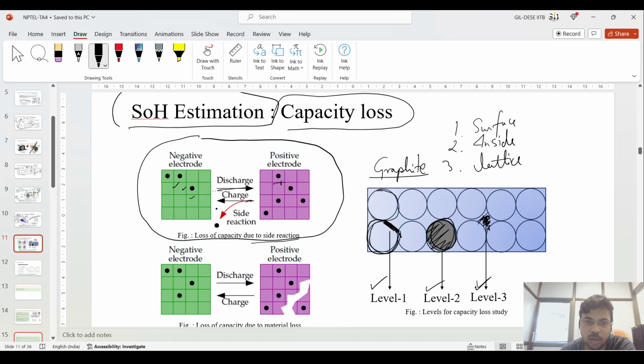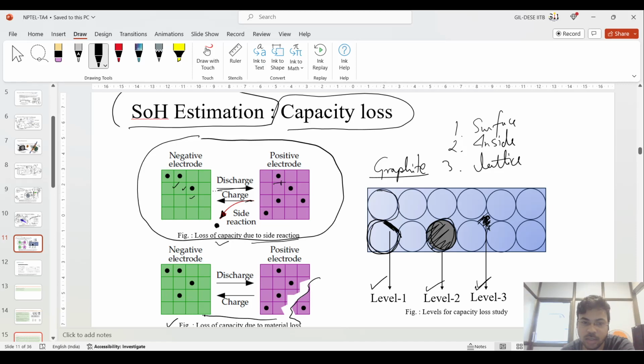So due to certain side reactions, the lithium ions moving between the positive electrode and negative electrode do not go completely. Certain lithium ions get trapped due to this side reaction and accumulate inside the electrolyte itself. So this is the loss of capacity due to side reaction.